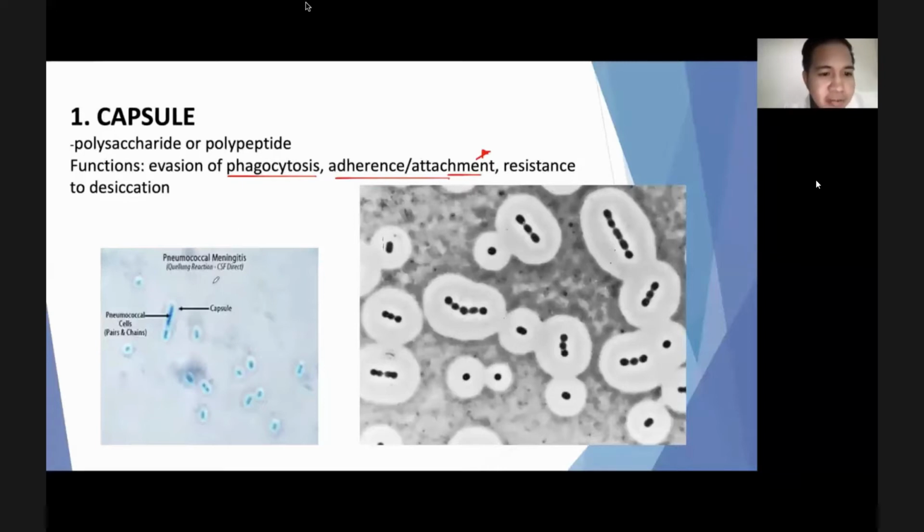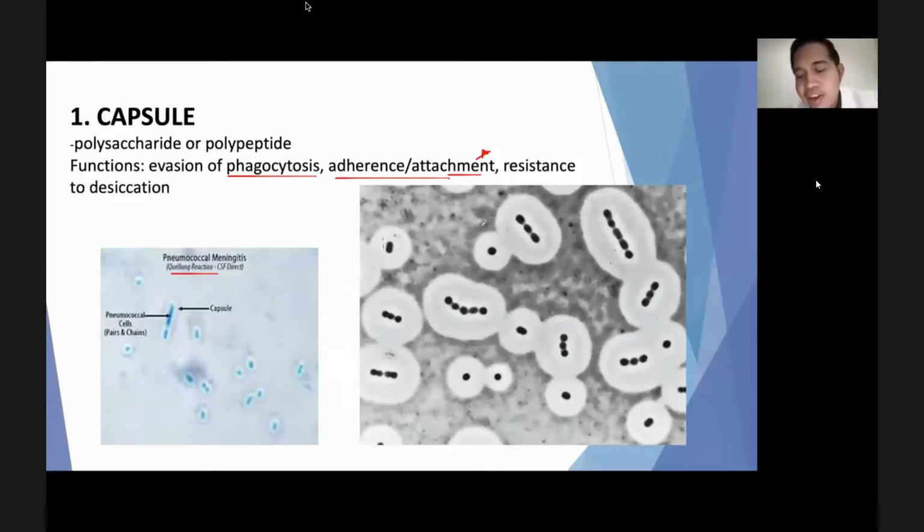So as you can see here, you have your Strep pneumoniae with a very beautiful capsule that is swollen. Okay? Because of the Quellung reaction. So when we go to bacteriology, aaralin natin yan, the Quellung reaction or the capsular antigen swelling test.